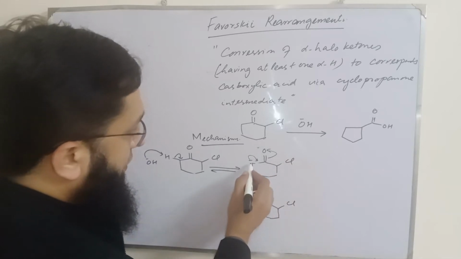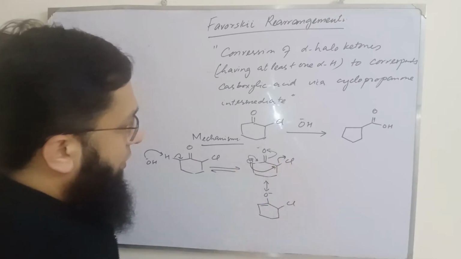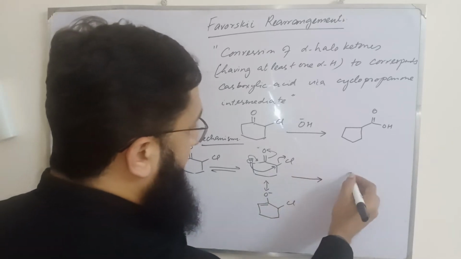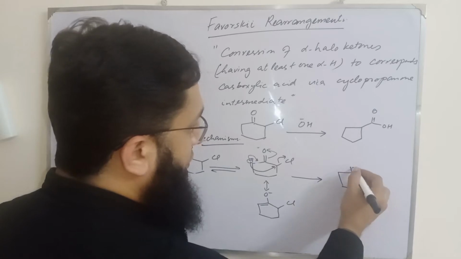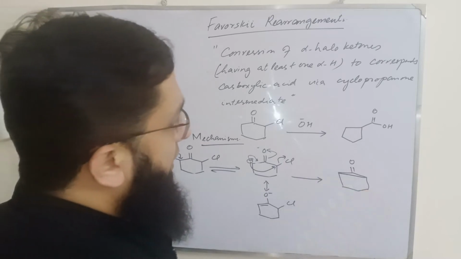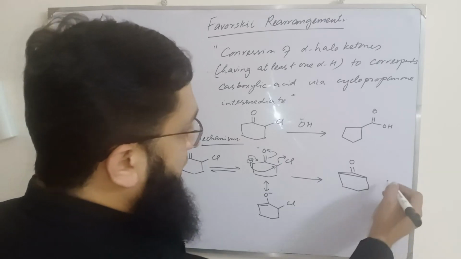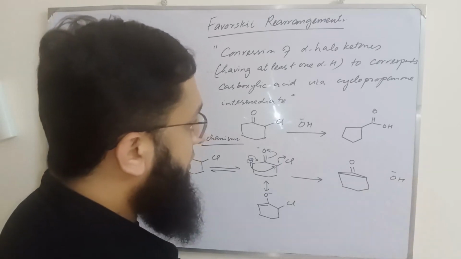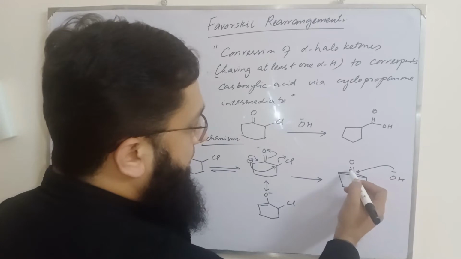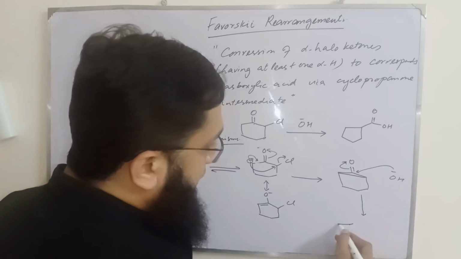Okay, this enolate, this carbonyl would then attack here, and as a result of intramolecular reaction this chloride will be eliminated and we will get the cyclopropanone intermediate. So this is a three-membered ring with a ketonic group, so that's why it is called cyclopropanone. And now in the next step we have hydroxide in the reaction mixture, so it would attack as a nucleophile on the ketone and we will get the tetrahedral intermediate.